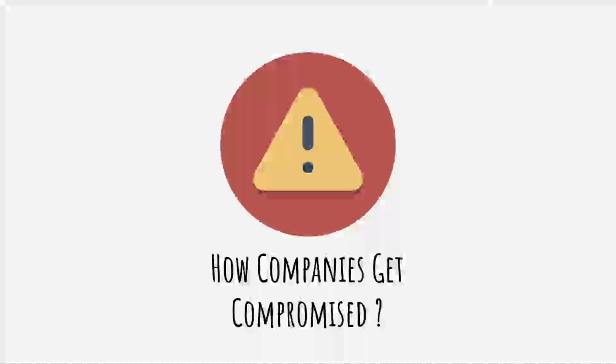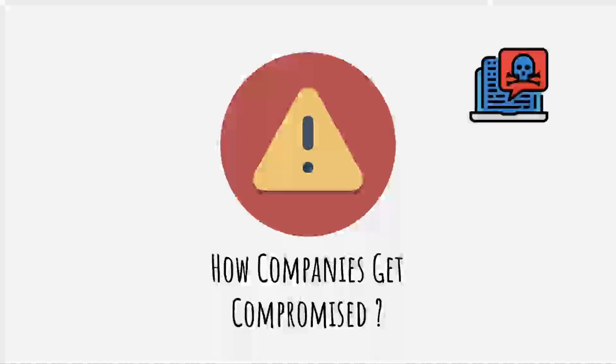Now, usually it starts small by an attacker compromising just one device within that company. Usually that device was the weakest point that allowed the attacker to get access to the inside network.